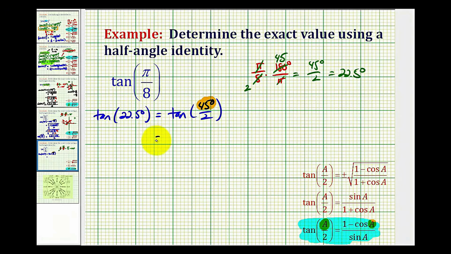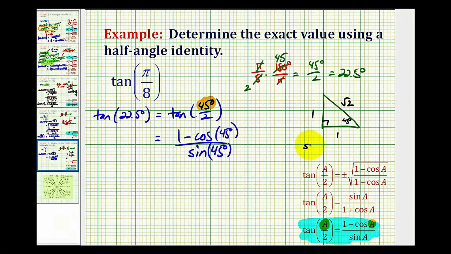This function value is equal to 1 minus cosine 45 degrees divided by sine 45 degrees. And we should already be familiar with this function value from the 45, 45, 90 triangle, where the two legs are 1 and the hypotenuse is square root 2.